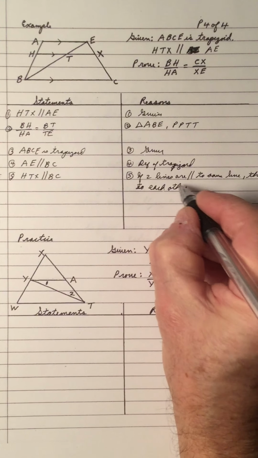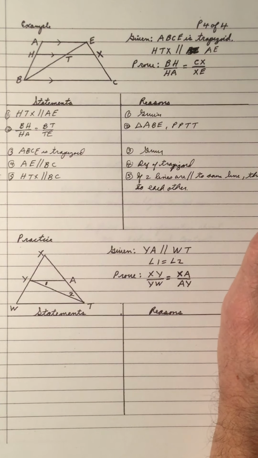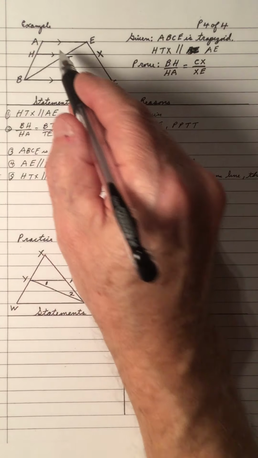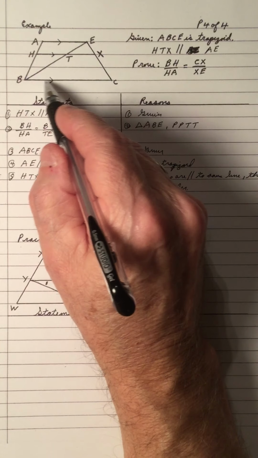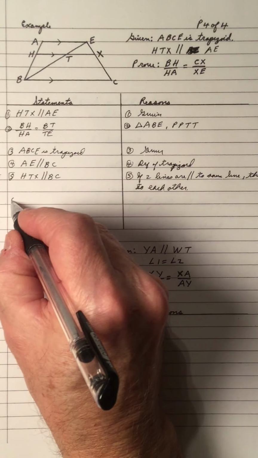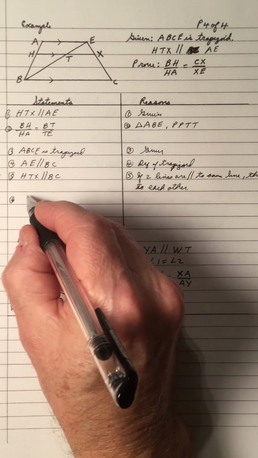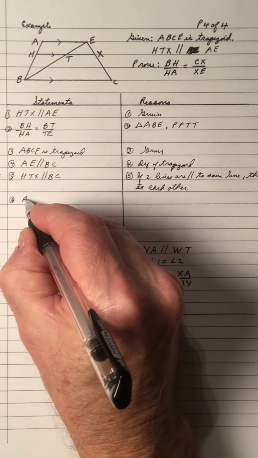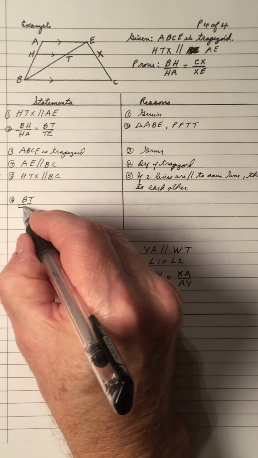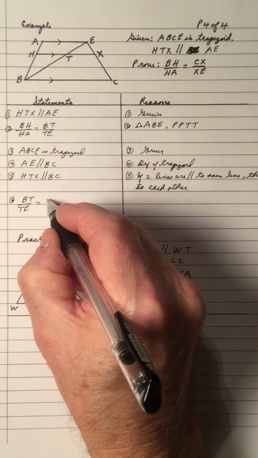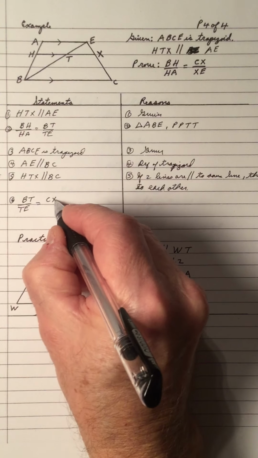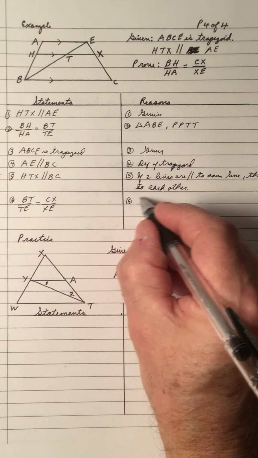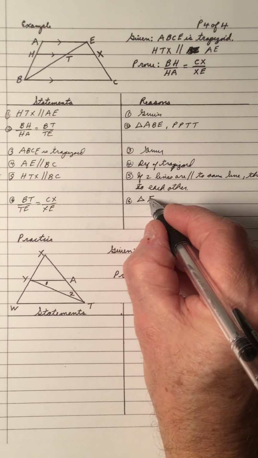And again, that's in the incongruent triangles proof that I did. So all three of these lines are parallel. And as a result, because this line is parallel to this one, I have BT over TE is equal to CX over XE. And the reason is that's in triangle EBC.